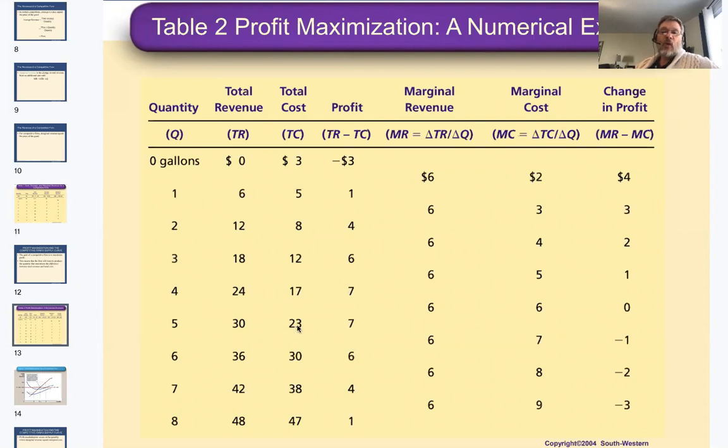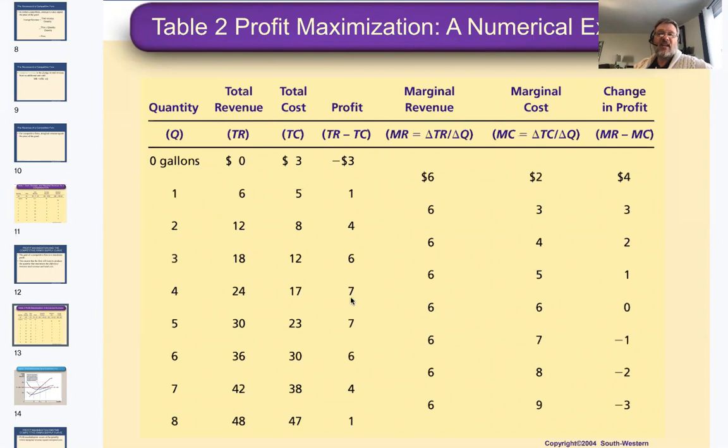Because what we're going to say is that the firm is going to produce at 5 units of output because that's where marginal revenue is equal to marginal cost. That's a little bit mysterious because it turns out in this example and in a lot of examples, the profit maximum is not unique.